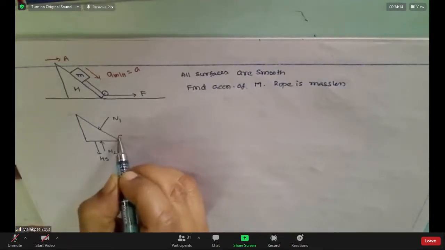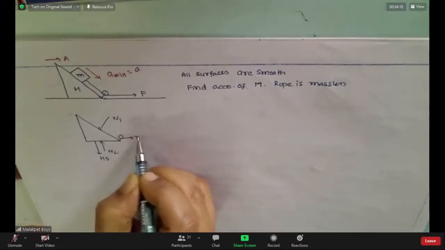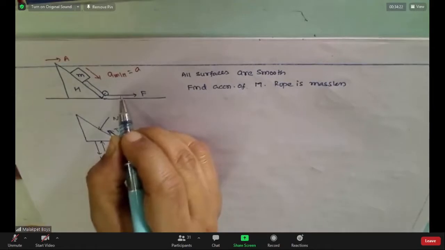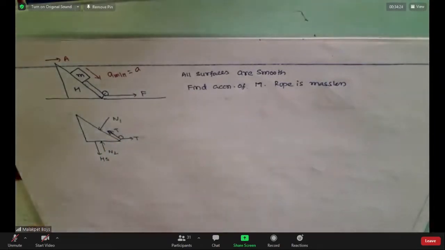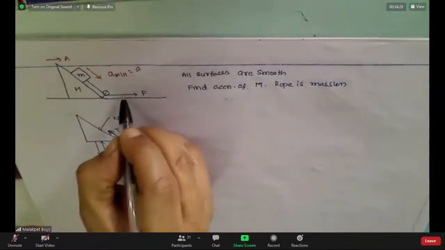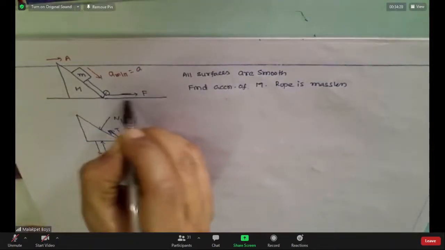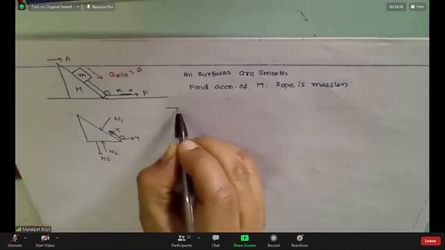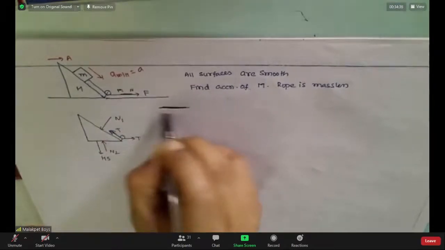There is a pulley here. There is a tension. This is the tension. Now if you take some small portion of the rope, understand it. If we consider one small part of this rope, say this is the portion Mn.